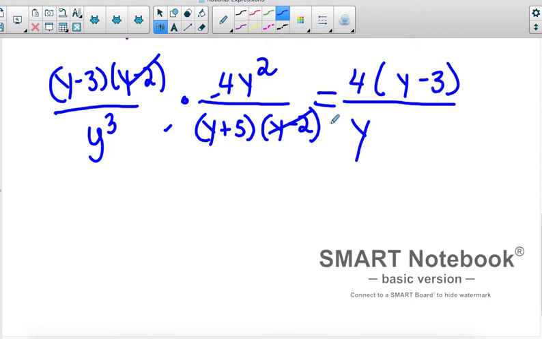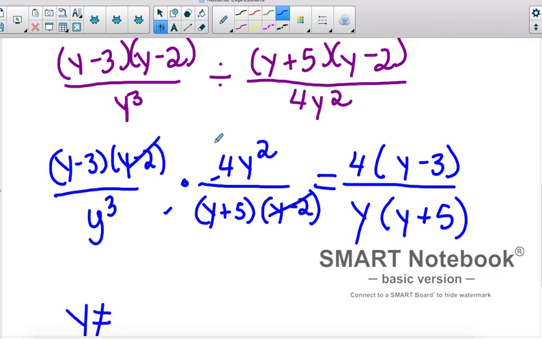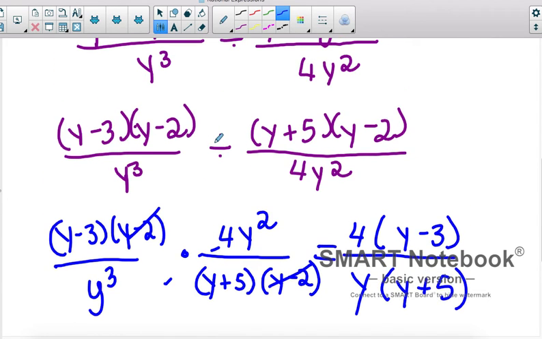So y on the bottom, and then we have y plus 5. Okay, and that should be our final answer. And it is. Now, we have to do our restrictions. For restrictions with division, I recommend you look at every single point in your problem.